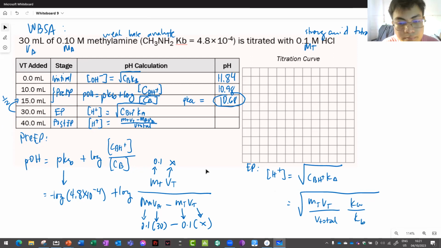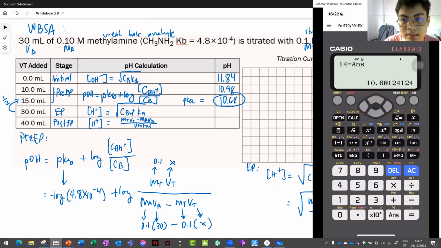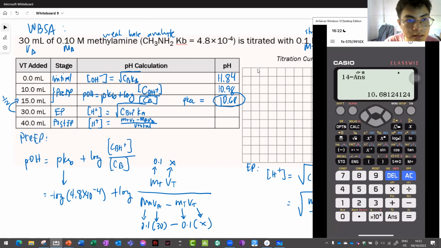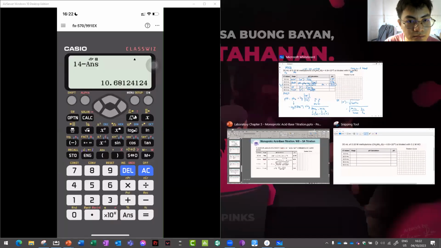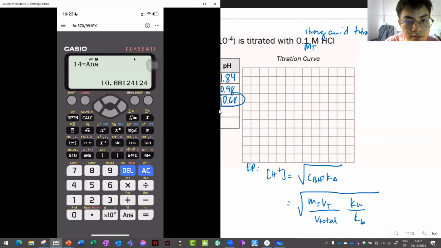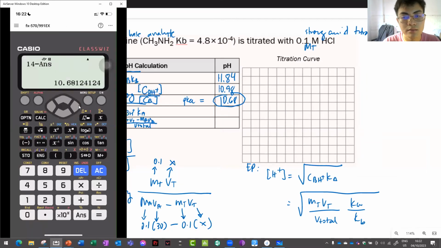Okay? So if we take the negative log, it will give us the pH agad, no? Automatically. Let me just drag this sa gilid. So let's take the negative log of that. So empty, molarity titrant 0.1, volume titrant 30.